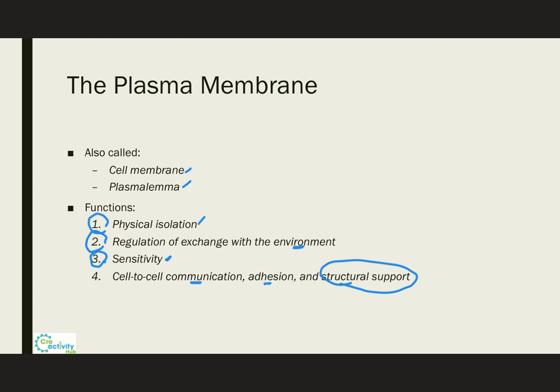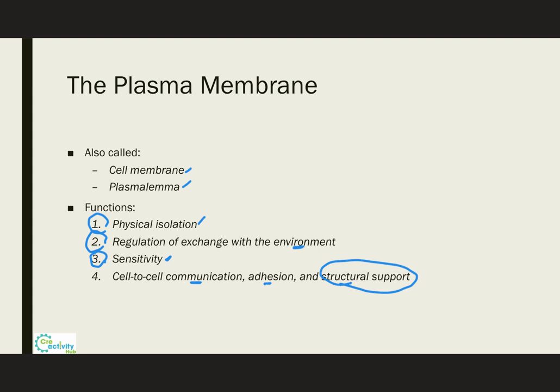These receptors will allow the cells to recognize and then respond to specific molecules that bind to them. And as you can imagine, any alteration in the plasma membrane will affect all of the cellular activities.